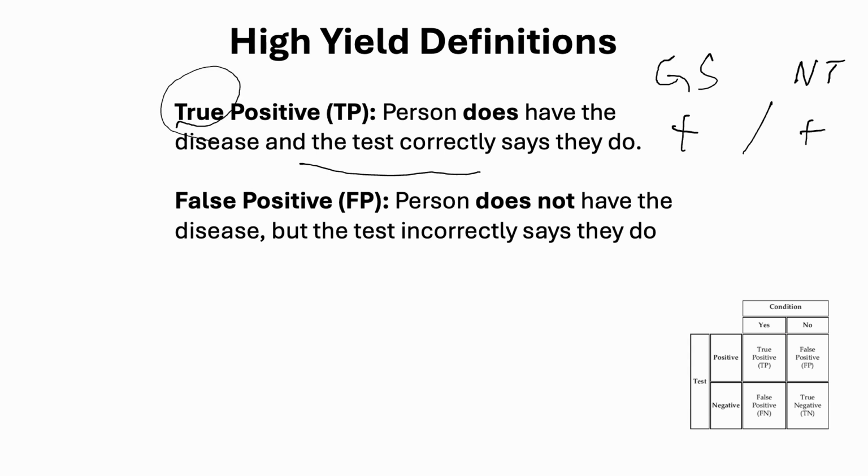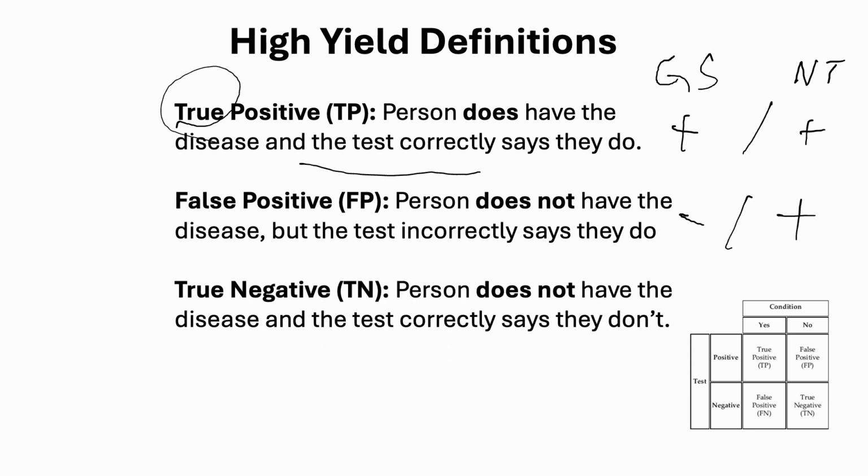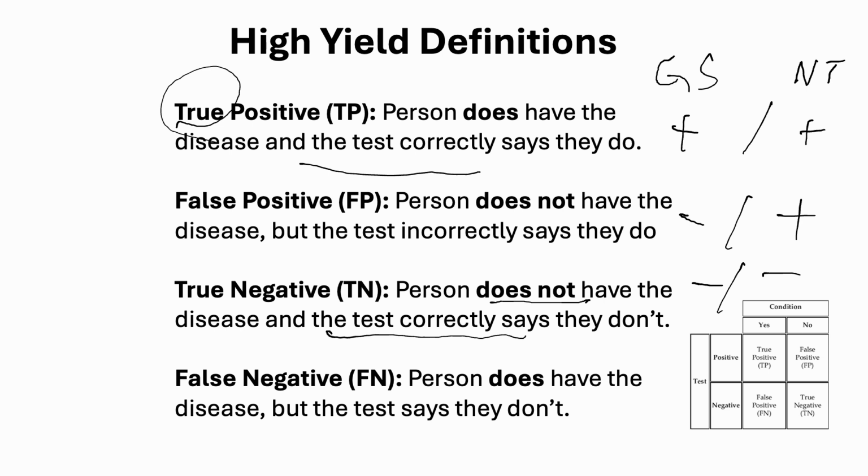The false positive is when the person does not have the disease, but the test incorrectly says that they do. So they're negative by the gold standard, but positive by the new test. True negative is when the person does not have the disease, and the test correctly says that they don't, so they both agree. And false negative is when a person does have the disease, but the test says they don't.